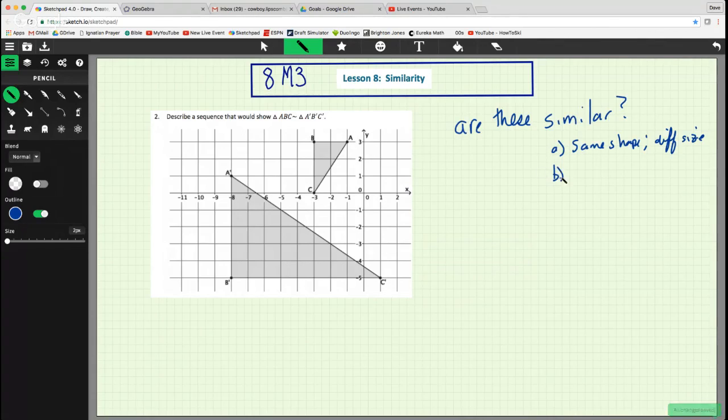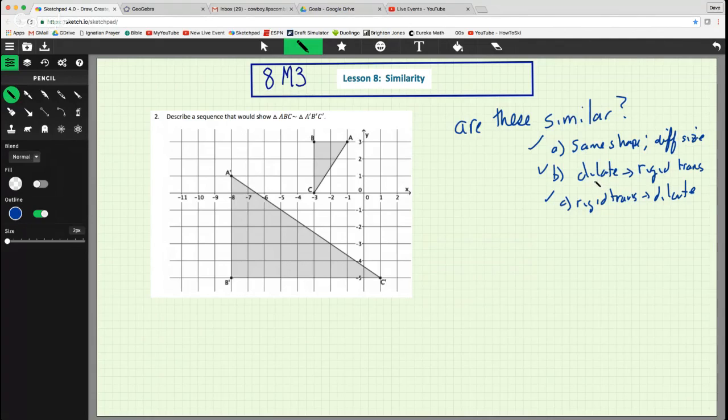The easier thing to do would be, can we dilate and then do a rigid transformation, or can we do a rigid transformation and then dilate? And if we could do any of these 3 tests, then we know that they are similar. So let's see what we can do.